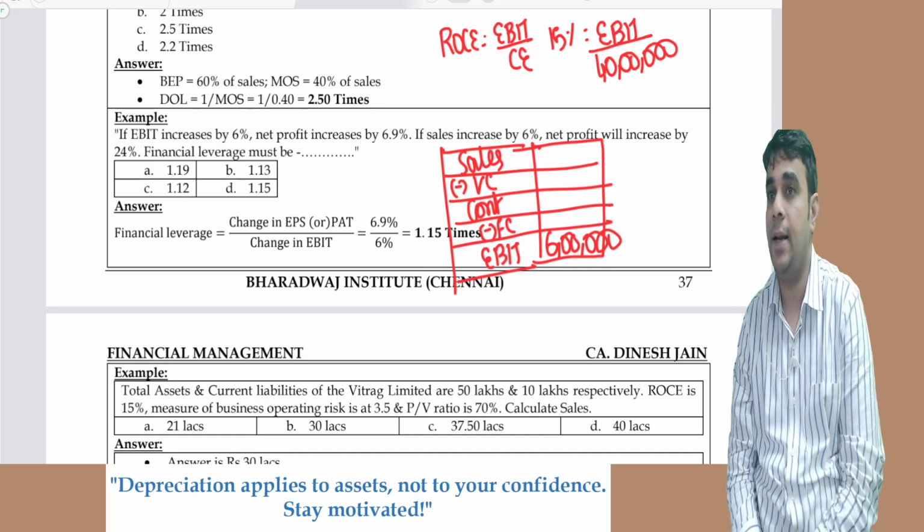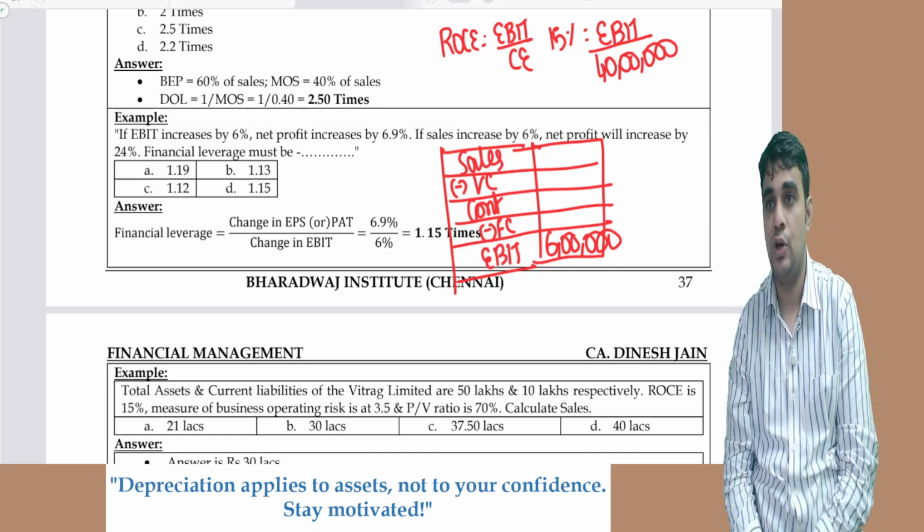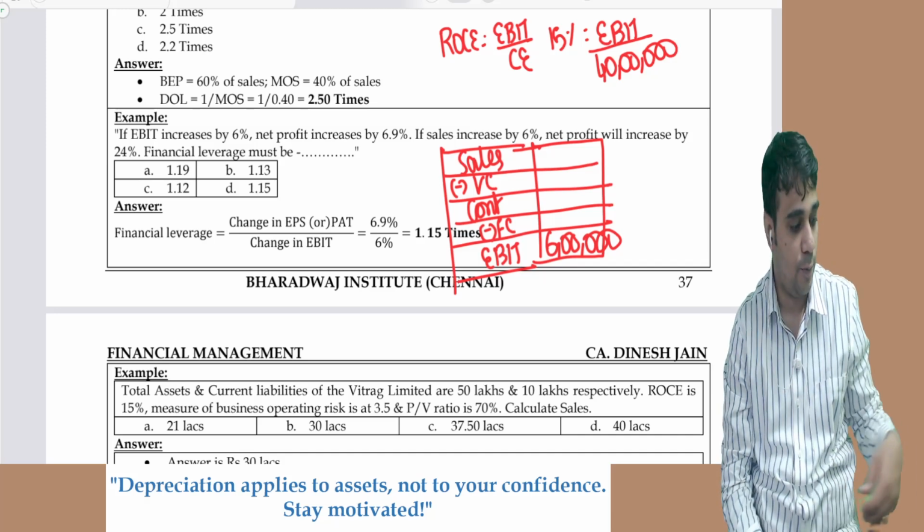Business operating risk means operating leverage. Use the formula of operating leverage and you will get the contribution.